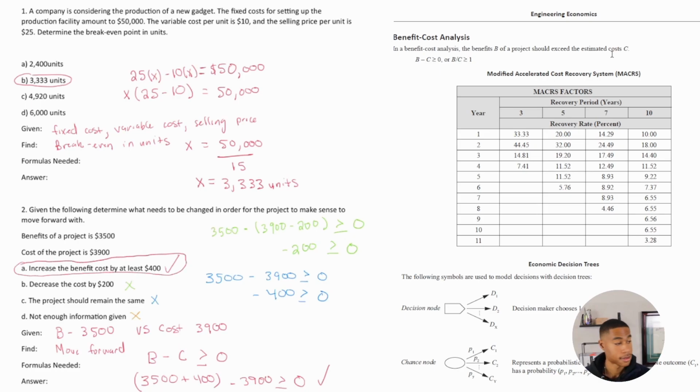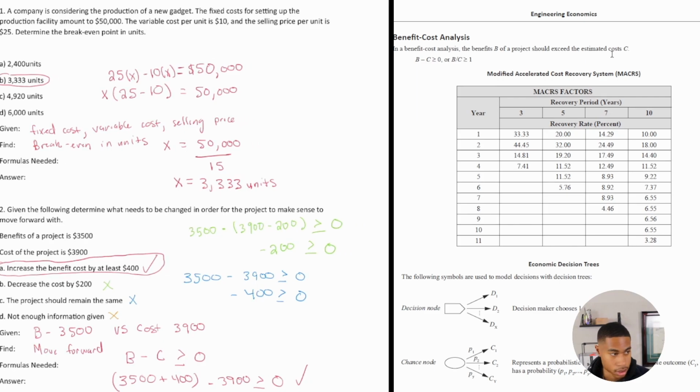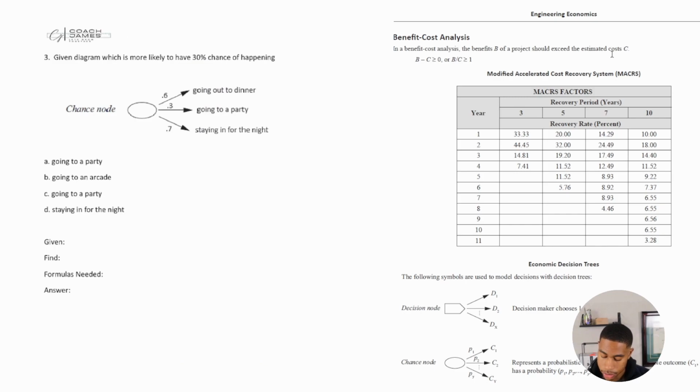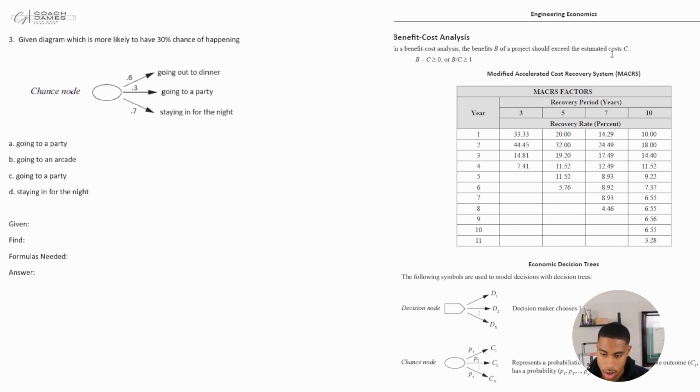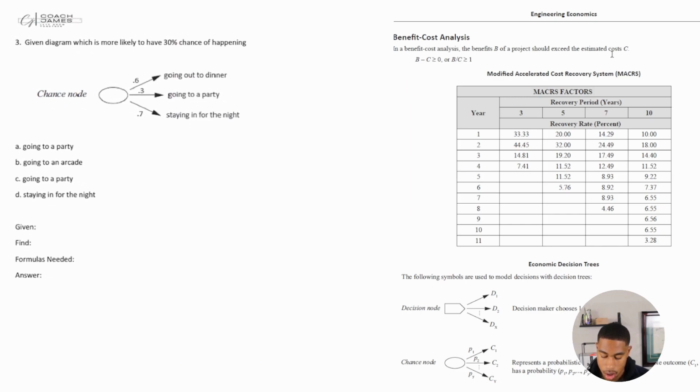But that made sense. All right, let's look at the next question. Given the diagram, which is more likely to have a 30% chance of happening? So in this image, I see a chance node.